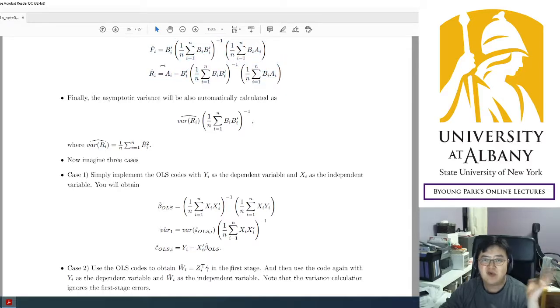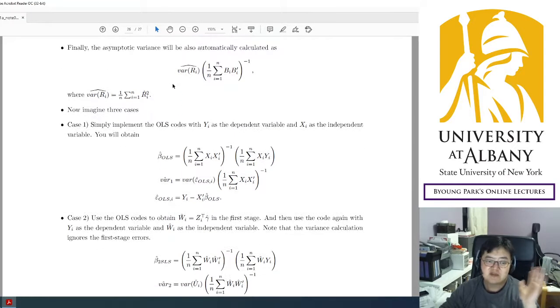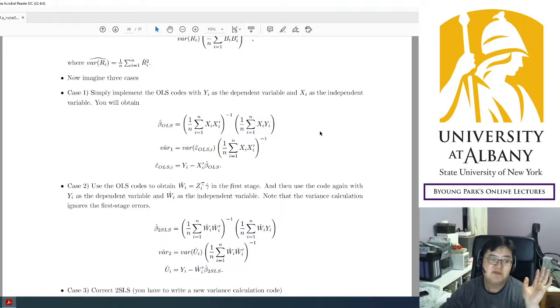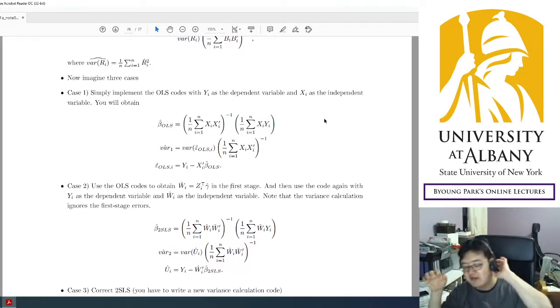The fitted value formula is built in, that is not a problem. That's fine. But then after you get the fitted values, you may want to use the OLS function again, regressing y on the fitted value. That is the typical mistake. Let's see what you get.